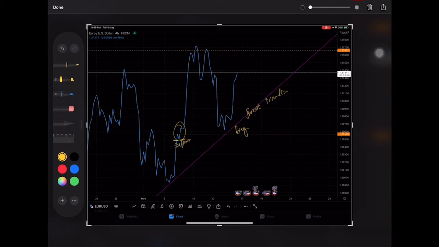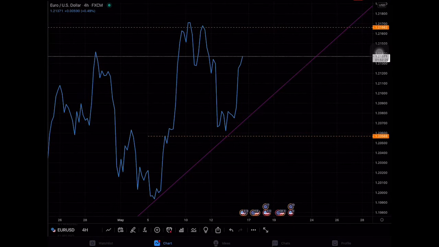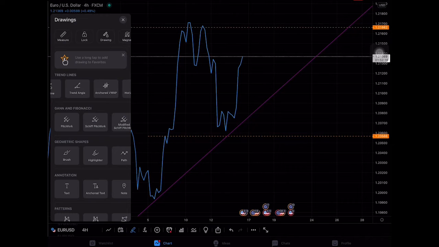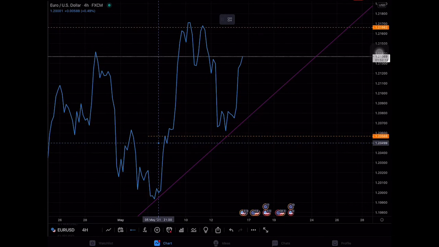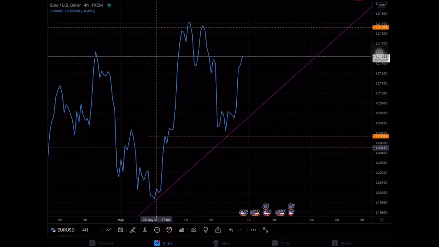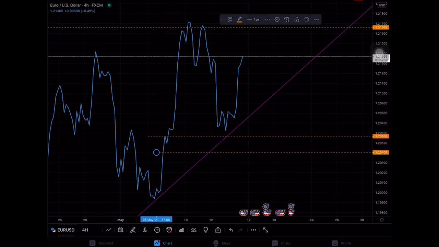So where you need to put your SL? Where you need to put your SL is, if you buy, you find the nearest support, okay, here. You find the nearest support, which is here. This is the nearest support. You mark it and then you move it maybe around 10 to 15 pips, maybe here. And that is your SL.